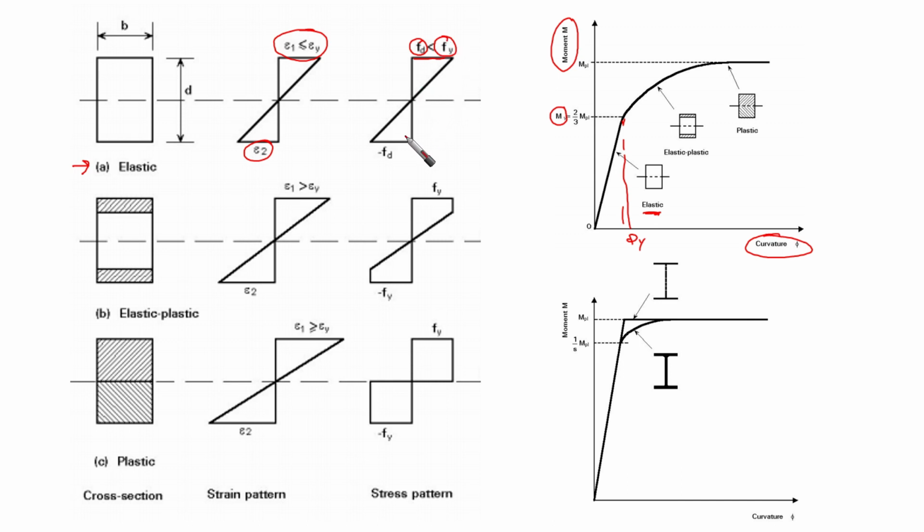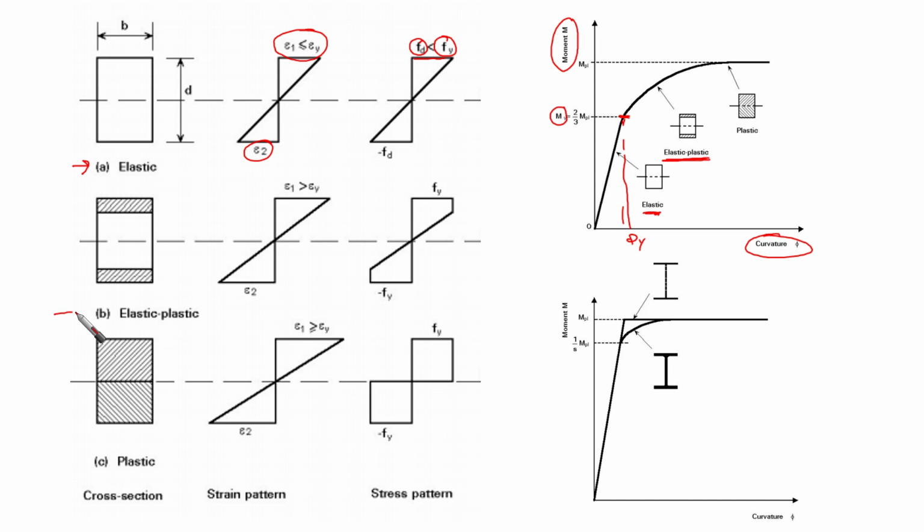However, after a while, whenever we increase the loading up until this point, which is yield, we find that the behavior of the cross-section changes a little bit. The section changes to an elastic-plastic section, elastoplastic section. What is the meaning of this?